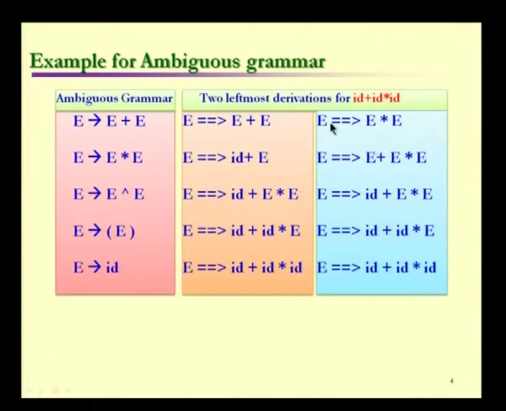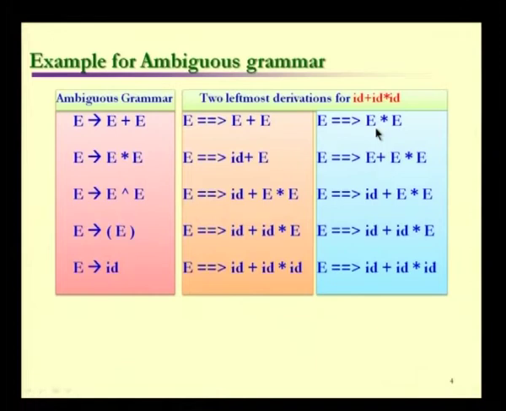So we start with E, and this time, instead of expanding this E by E plus E, I am expanding this by E star E. What happens here is the star becomes the operator, which forces you to change the order of application of productions for the first, that is the leftmost, variable. The leftmost variable here is capital E, which cannot now be expanded with id.